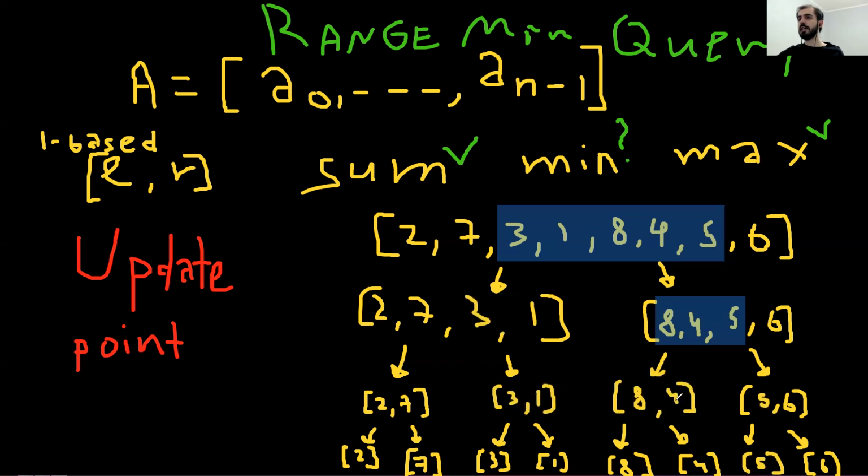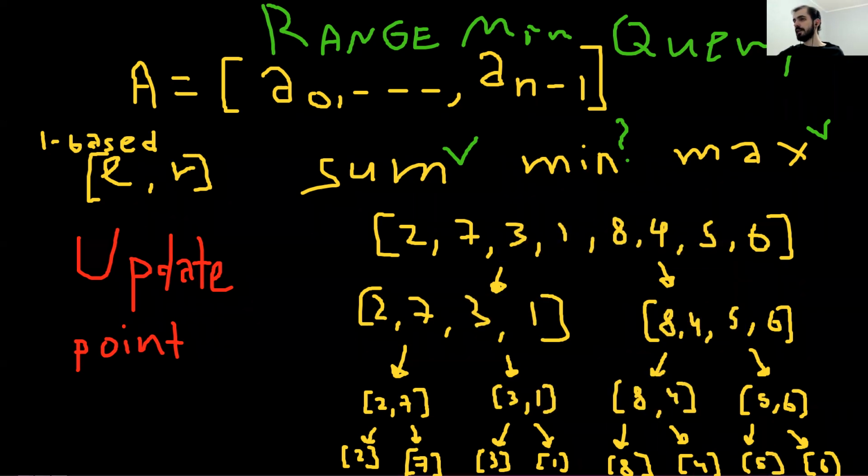But how do we actually update? Suppose that I want to change this value. Actually, if you look at this, you may think, wait, I can clearly see that each layer stores the entire array. So how on earth is memory usage linear?